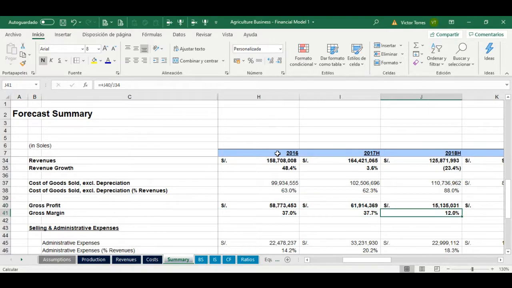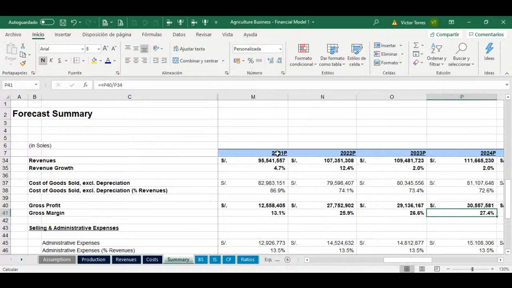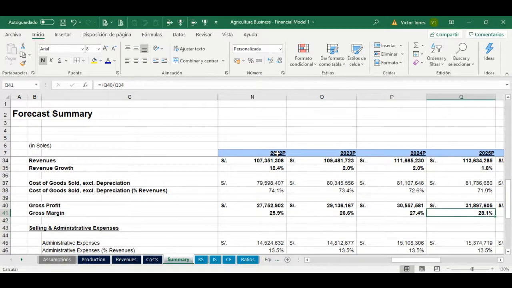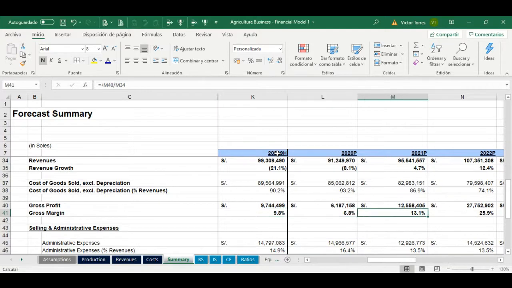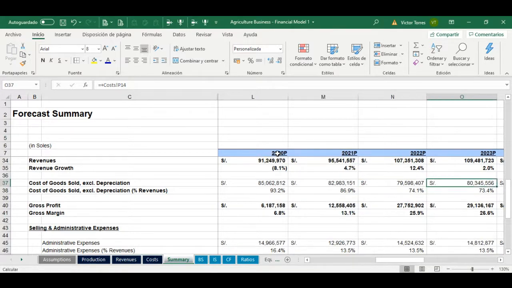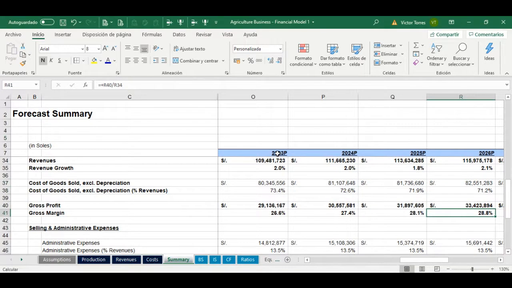Those are outliers. What has mostly been observed in the industry is a margin between 20 and 30 at the top, no more than that. But in this particular forecast, when we analyzed the company, there was the possibility to minimize the cost of goods sold and increase the margin going forward.